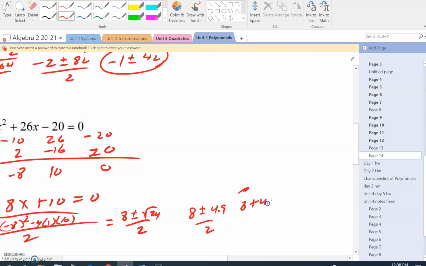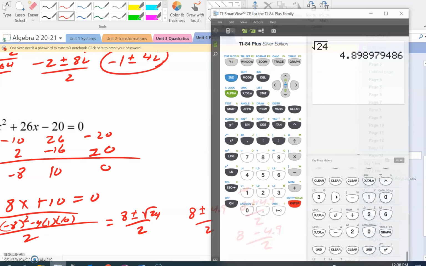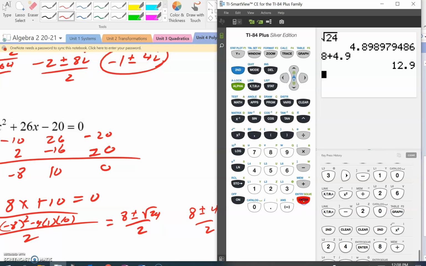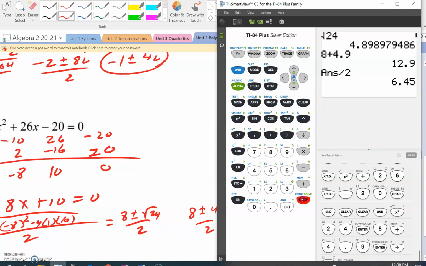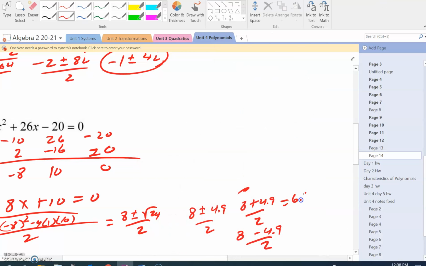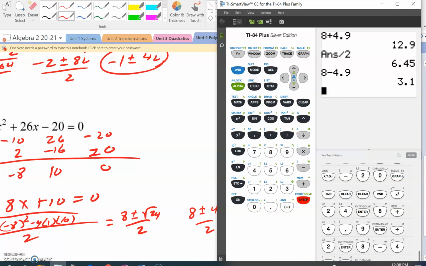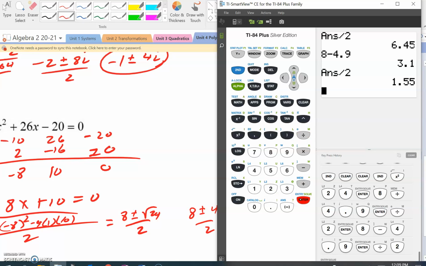So 8 plus 4.9 over 2, and 8 minus 4.9 over 2. 8 plus 4.9, enter, divided by 2, 6.45. And 8 minus 4.9, enter, divided by 2, 1.55.